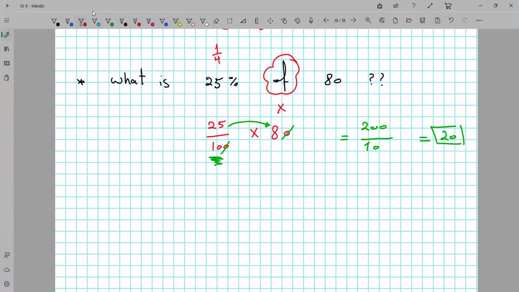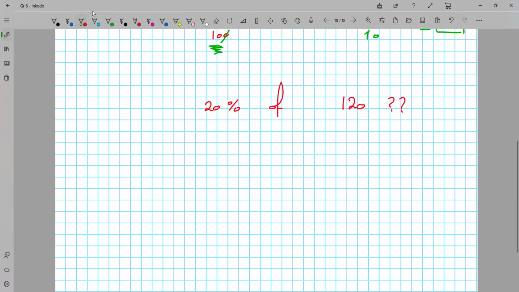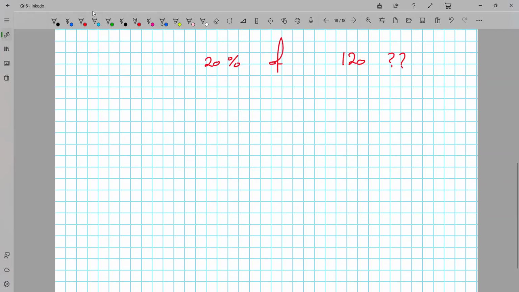What is 20% of 120? So I want the 20% of 120. That means I'll multiply 20 over 100 by 120. So how to simplify this? Of course, the denominator of 120 is 1.